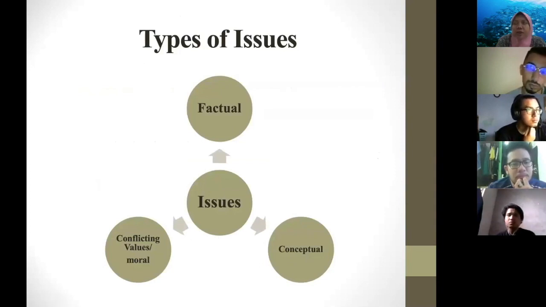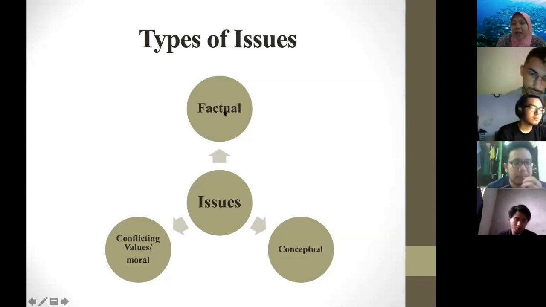It will be helpful when you answer the case study to write whether the problem is factual, conceptual, or conflicting. Most of the time there must be a factual problem, and then maybe some conceptual. Sometimes there's no conflicting values or moral. Depending on the case study, you need to identify which one.